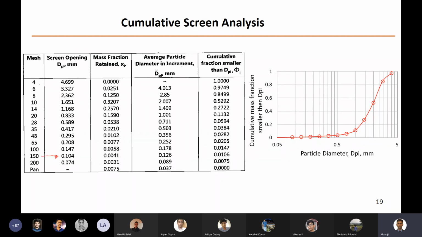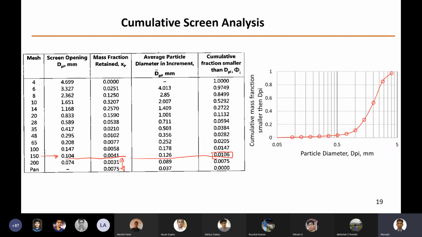If I draw a line here, what is below 150 are these two. We have to add these two, 0.0031 and 0.0075, and we will get this number. And this is how we construct the cumulative fraction.